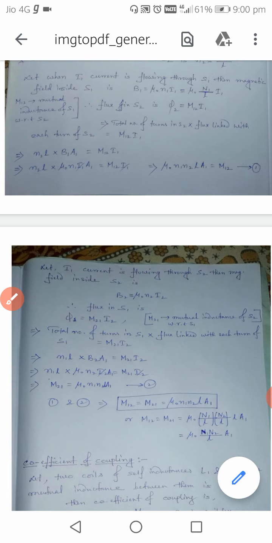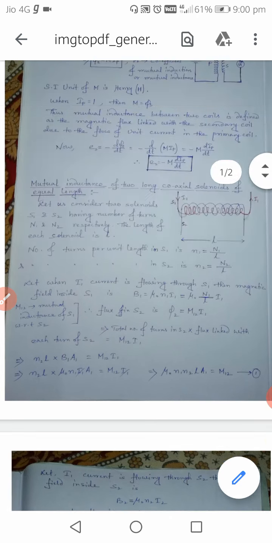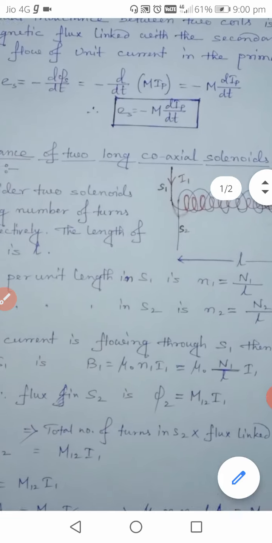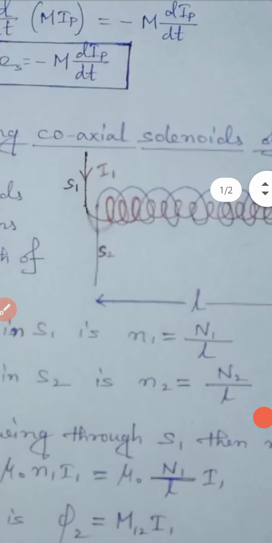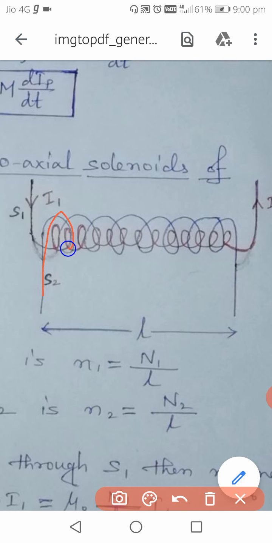Though current is flowing through which coil? S2. Yes, current is flowing through this bigger, wider coil, S2.